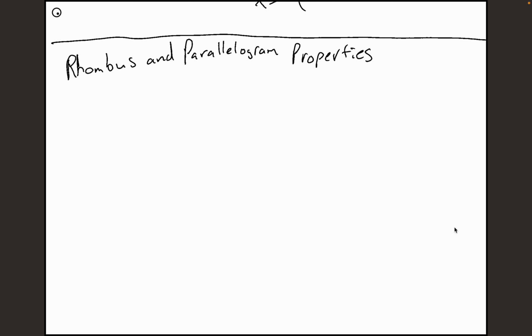both parallelograms and rhombuses. Now, when we have a rhombus or a parallelogram, what makes a parallelogram a parallelogram? Two sets of parallel sides. But if we didn't know that they were parallel, what else could tell us if it was a parallelogram?